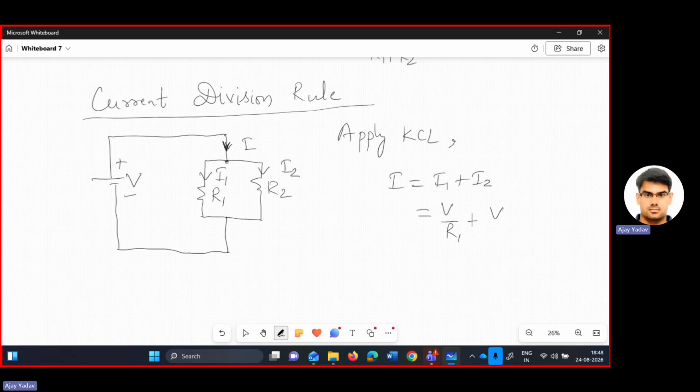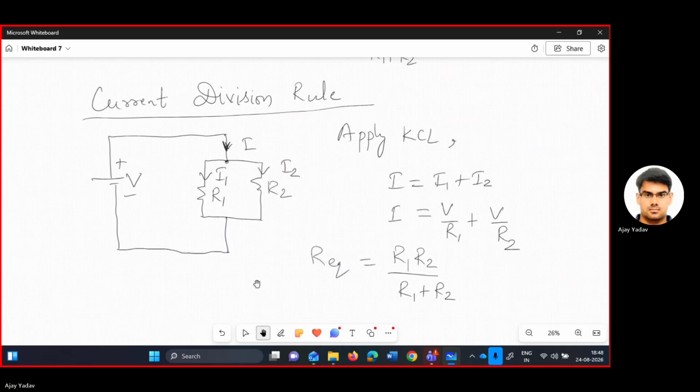I2 is V by R2, because the same voltage drop will be there when resistors are in parallel. So it is given by this. Now, what is V in this case? If you calculate the equivalent resistance, then when you have two resistances in parallel, R equivalent is R1 into R2 divided by R1 plus R2.